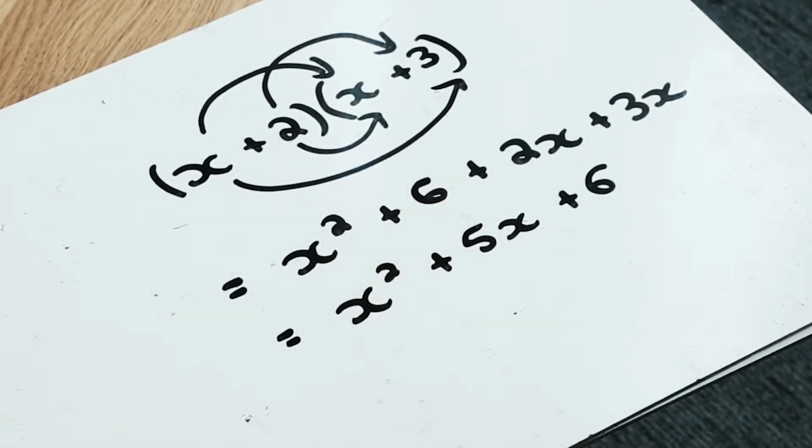But along here I've got 2x and I've got 3x, so I combine those terms together and that gives me my 5x. So I put plus 5x there, and I've got a plus 6 on the end. So I pop that just there, and my overall answer for this particular bracket expansion is that x squared plus 5x plus 6 is the correct answer.